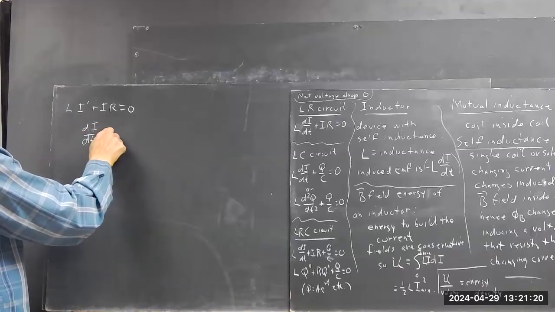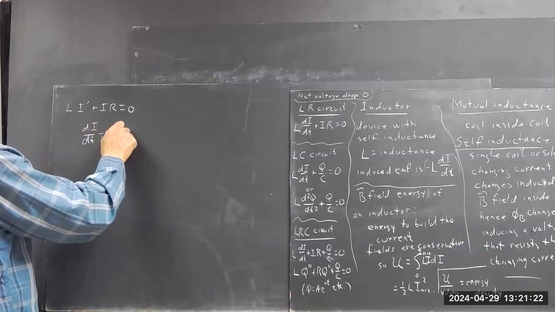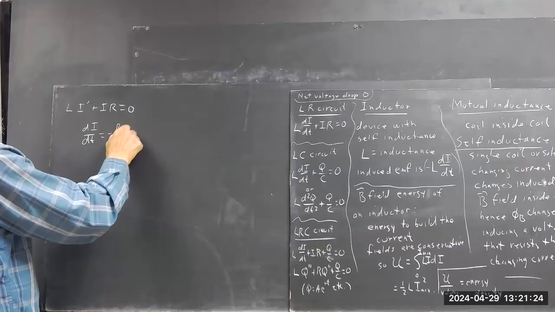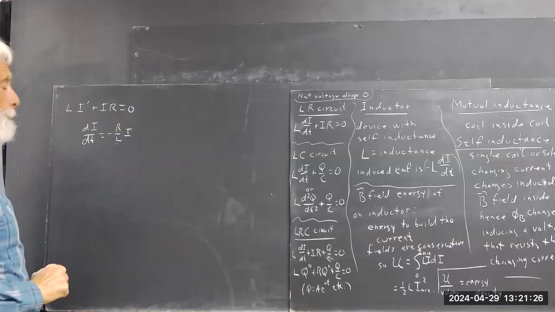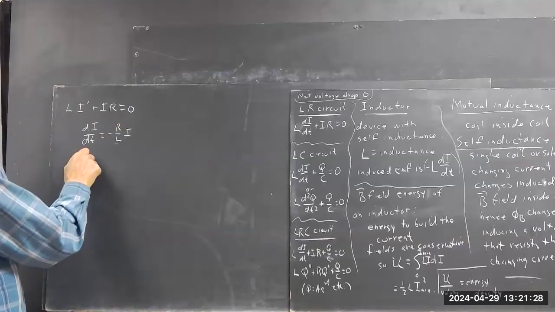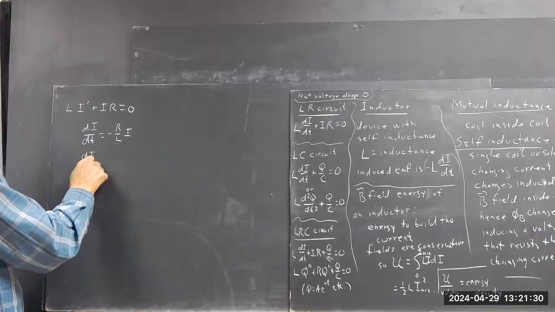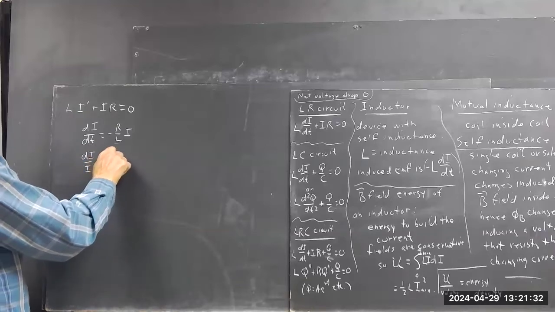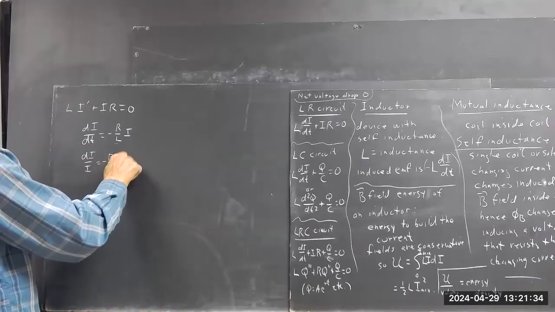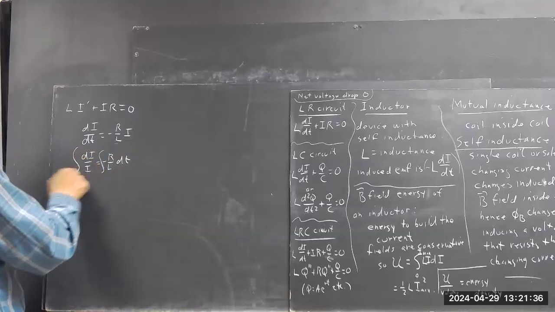di/dt equals negative R over L times I, which means, of course, that di over I equals negative R over L dt. We integrate both sides.